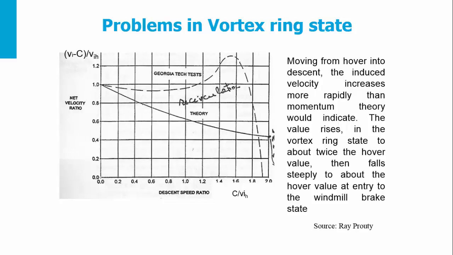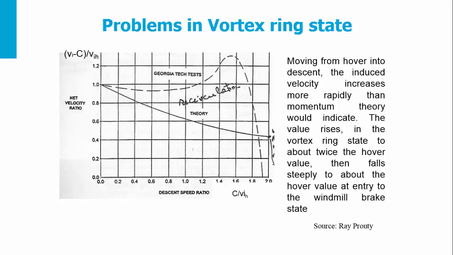As we increase the descent speed, the net velocity through the rotor is decreasing. However, the tests that have been done, for example, at Georgia Tech show that in this region, first there is a small decrease, but afterwards there is a high increase.